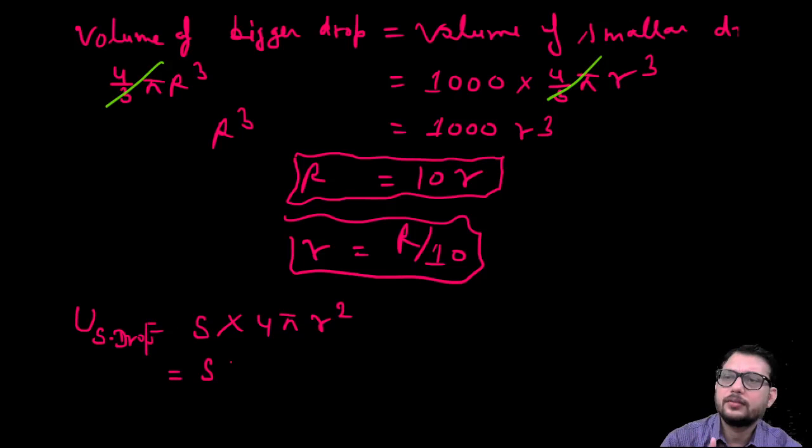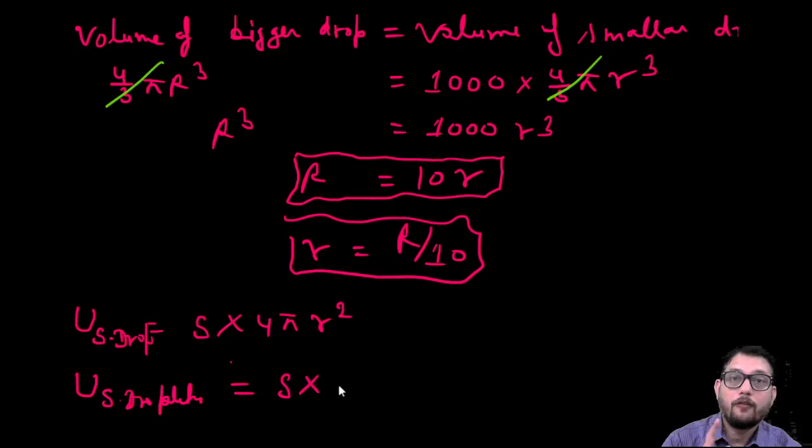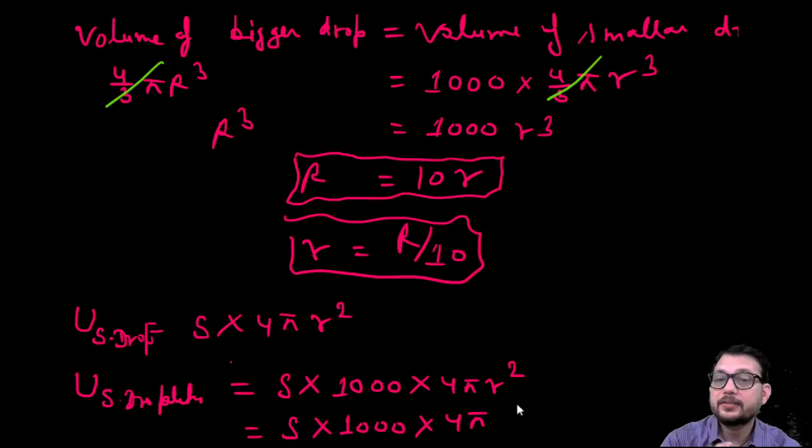Firstly, we take the complete potential energy, so let's suppose this is the potential energy of small droplets. If it is small droplets, then it will be S into 1000 times 4 pi small r square. So it will be capital S into 1000 times 4 pi, and in place of small r you can place capital R by 10, so this will be squared.